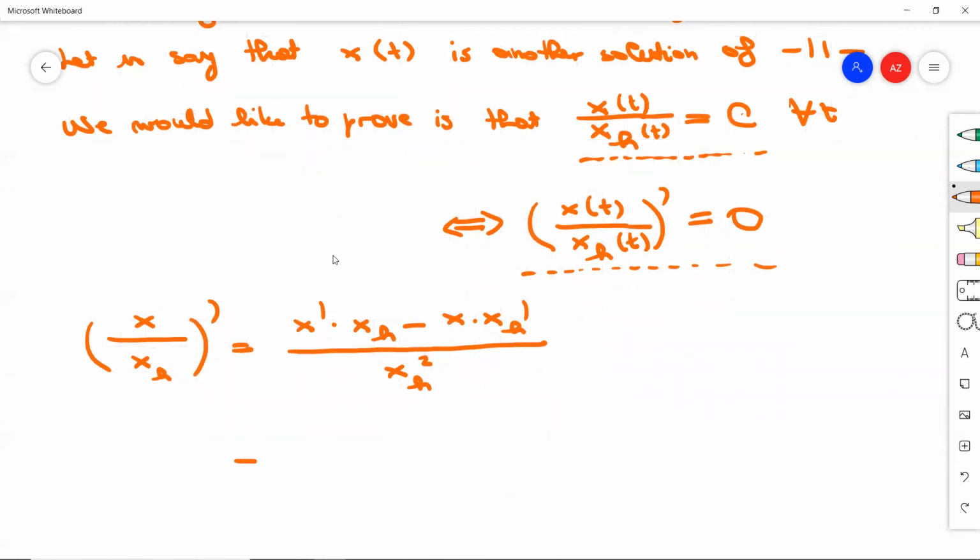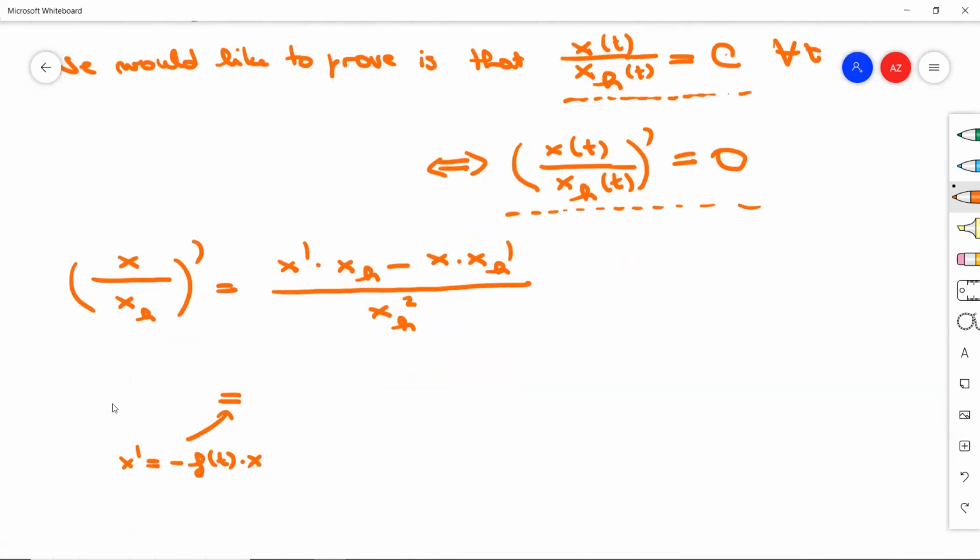And now I can use that x is a solution of our differential equation, which means that x' is equal to minus f(t) times x. And the same for x_h', so x_h' is equal to minus f(t) x_h.